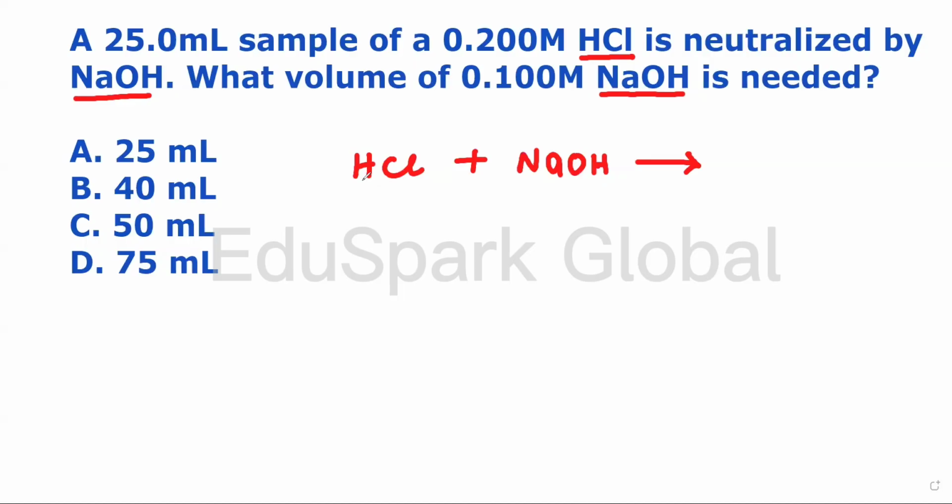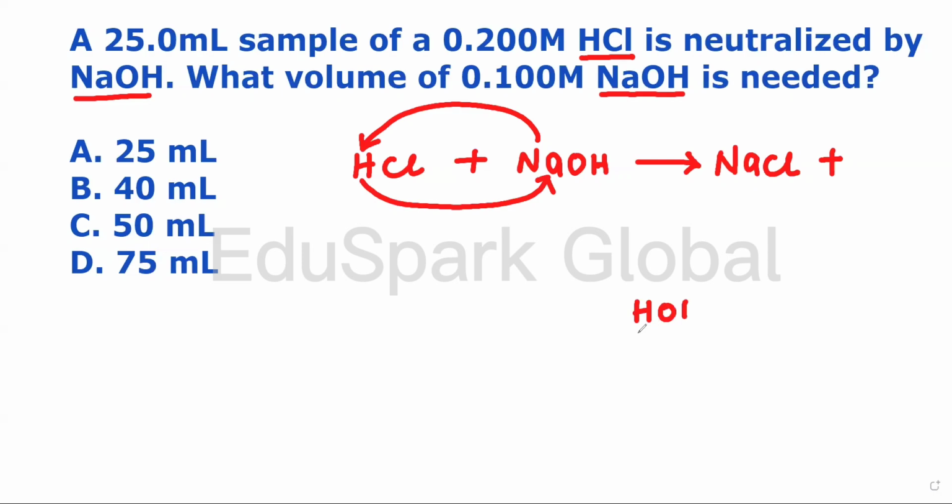So hydrogen is going to replace sodium, and the sodium will replace hydrogen, which means that the Na will then combine with Cl. That's what we mean by replacing. When sodium and Cl combine, they give you sodium chloride, NaCl, plus the hydrogen combines with OH to give HOH, which is the same thing as H2O.